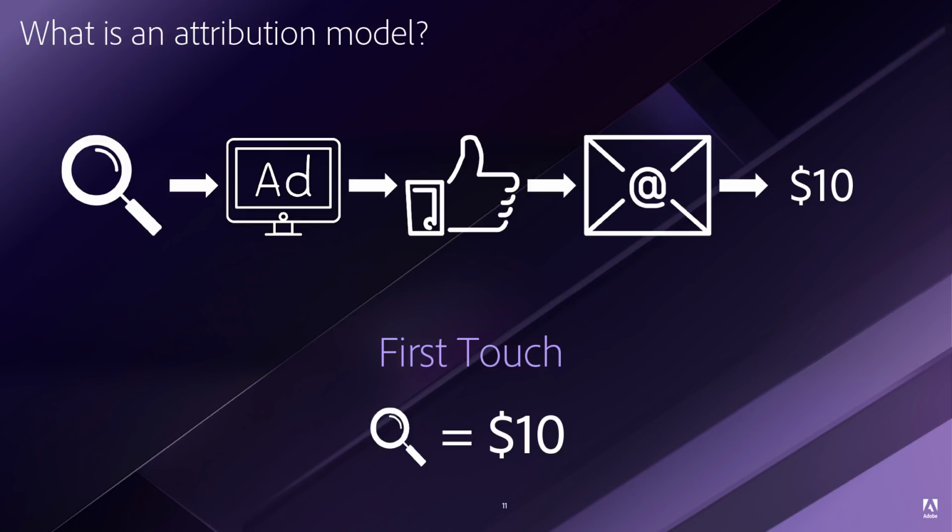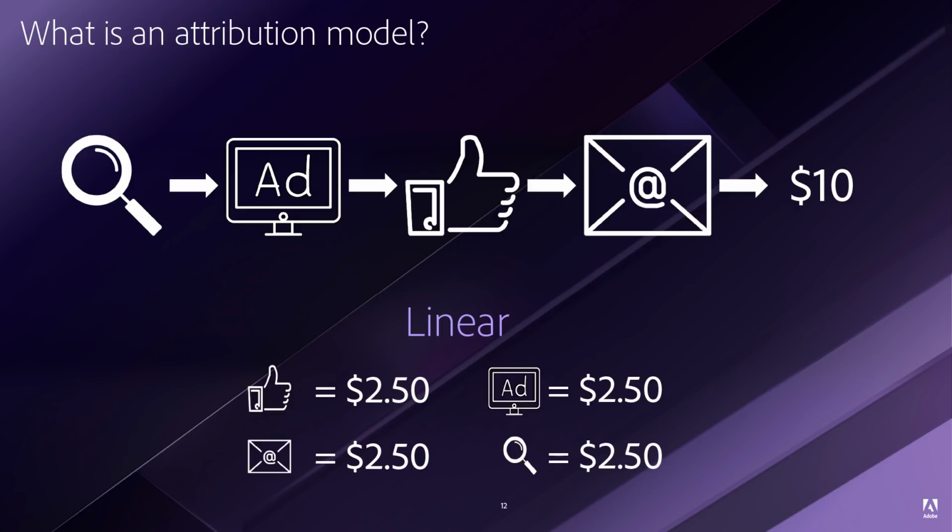Similarly, if we were to think about first touch attribution, then the very first marketing channel that consumer interacted with would get 100% of the credit, ignoring the display ads, the email, and the social media as well.